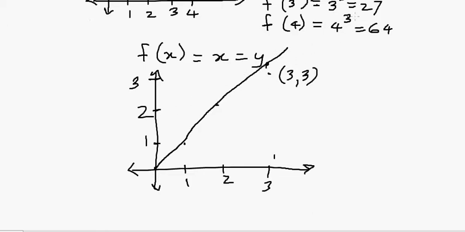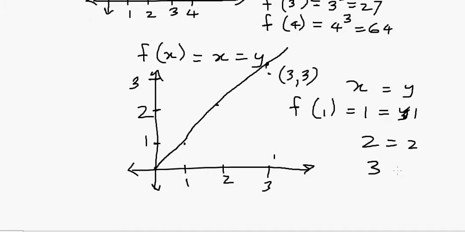So we're gonna get a straight line. Okay, that's y is equal to x. So f of 1 is just 1, that is y. So x is equal to y. For 2 is gonna be 2, for 3 is gonna be 3, and so on and so forth.